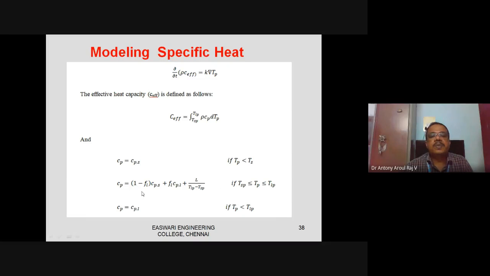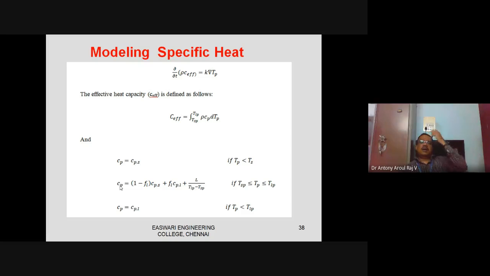That means for the solid, using the melt fraction: (1 minus FL) into CPS, where FL is the liquid fraction, plus liquid fraction into liquid specific heat, and solid fraction, 1 minus FL, into solid specific heat. This value plus this value plus the apparent heat capacity put together will give the correct CP value.